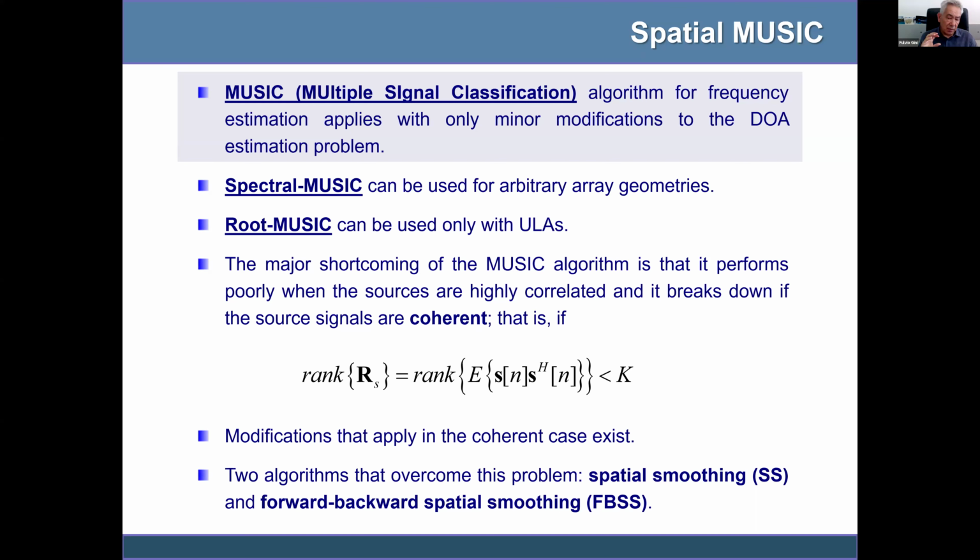There are versions of MUSIC that in some way overcome this problem. They are called spatial smoothing MUSIC and forward-backward spatial smoothing MUSIC. They are modifications of MUSIC that, at the cost of higher computational complexity and a worsening of the resolution, work well even if there are coherent sources.